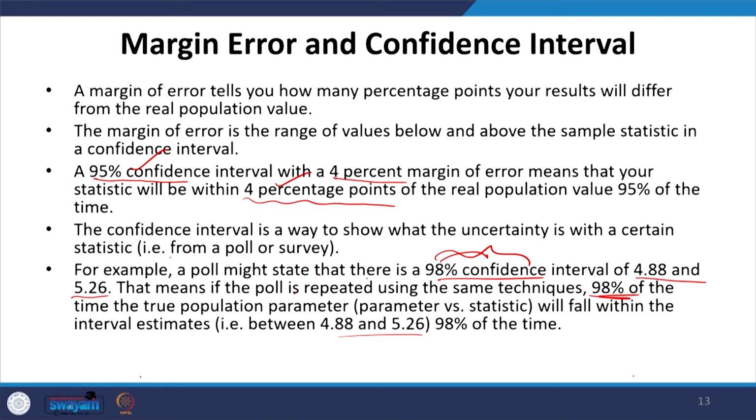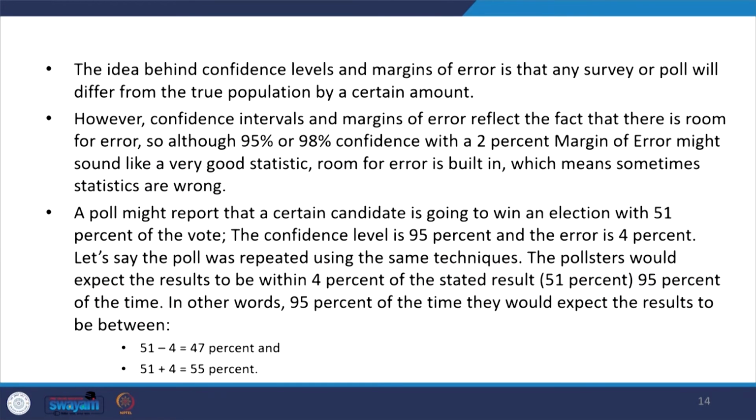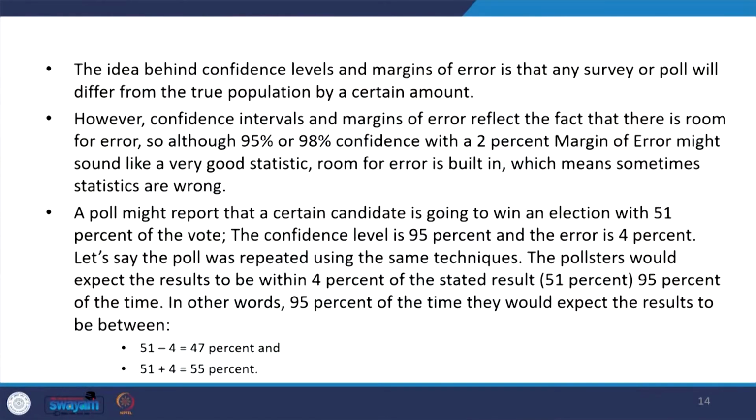So the error is very minimum, and the error gives a range of your result. The idea behind confidence level and margin of error is that any survey or poll will differ from the true population by a certain amount. However, the confidence interval and margin of error reflect the fact that there is some room for error.